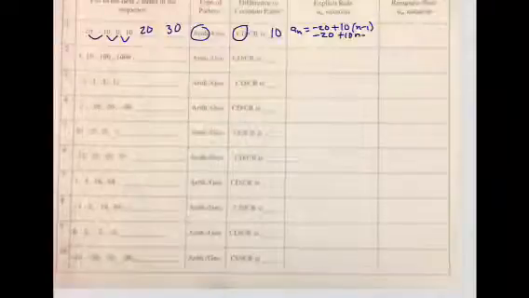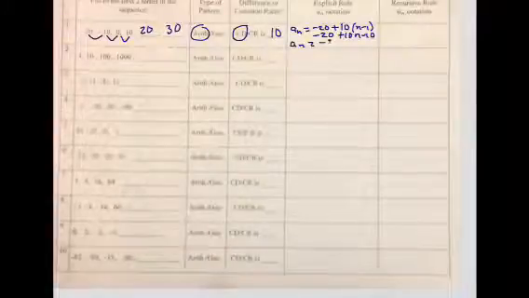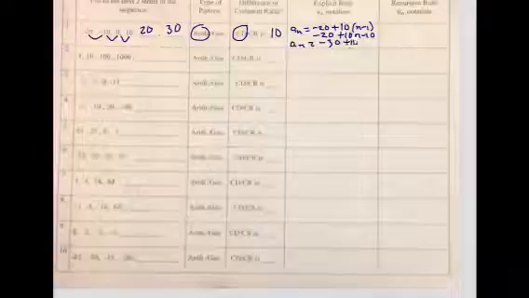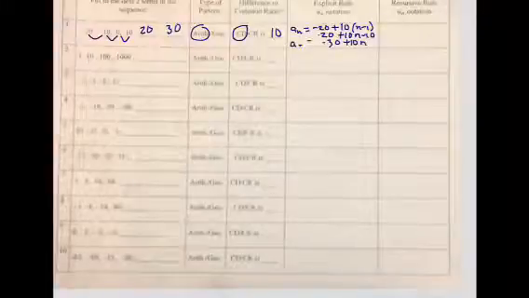Okay, so when you distribute the 10, you get negative 20 plus 10n minus 10. So a sub n equals negative 30 plus 10n.